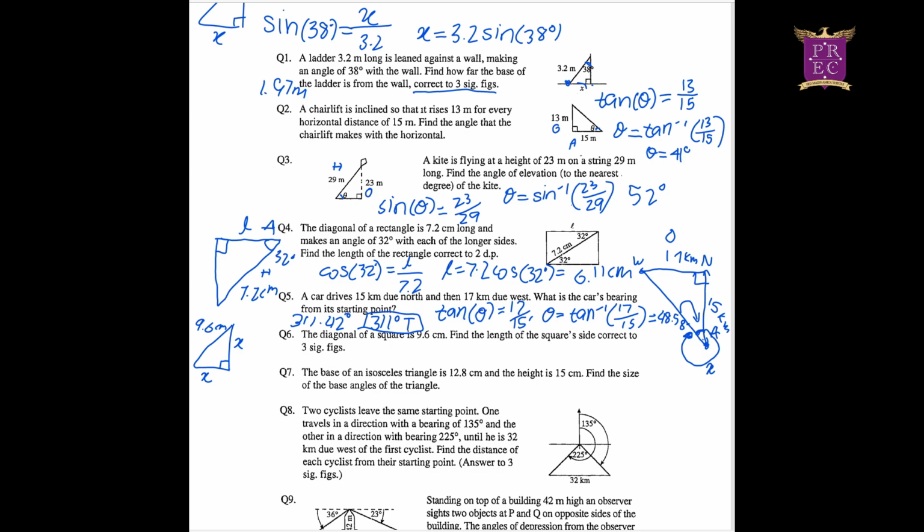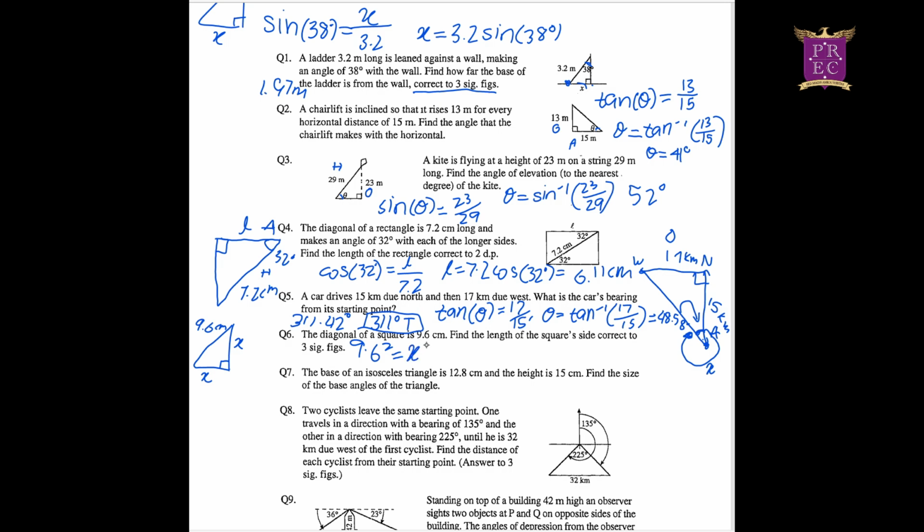One way we can do this is use Pythagoras' theorem. We know that 9.6 is the c side, which is the hypotenuse, so c squared is equal to a squared plus b squared. C squared over here will be 9.6 squared, and a squared plus b squared, x squared plus x squared, gives us 2x squared.